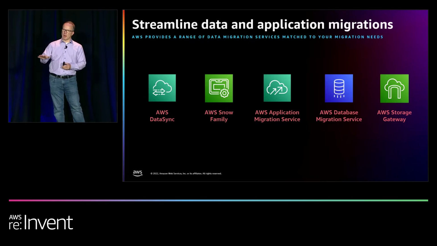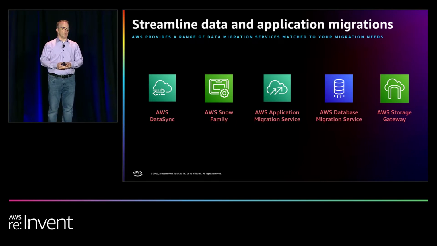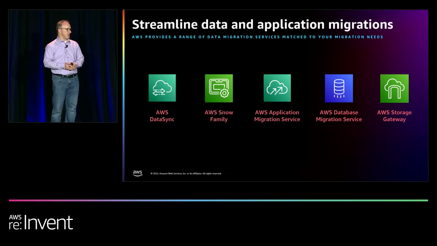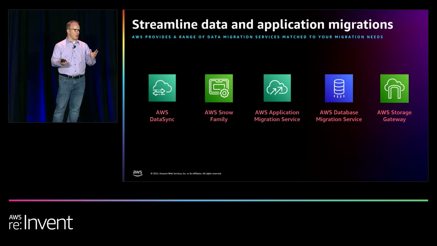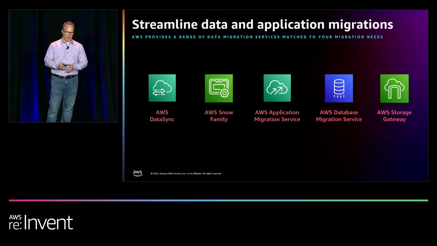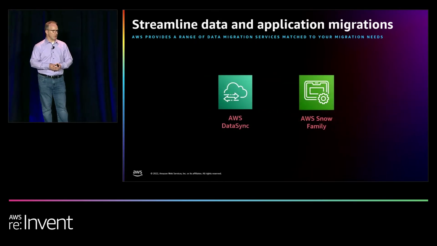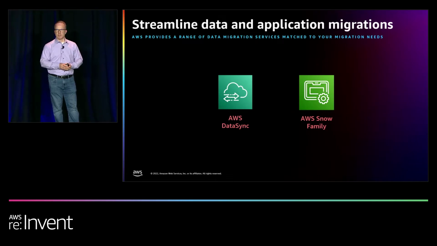So if you want to keep your applications on-prem, but you do want to have a lot of that storage up in the cloud, we do have the AWS Gateway family that allows you to work effectively in a hybrid configuration. But today, we'll focus on AWS DataSync for online and AWS Snow family for offline.